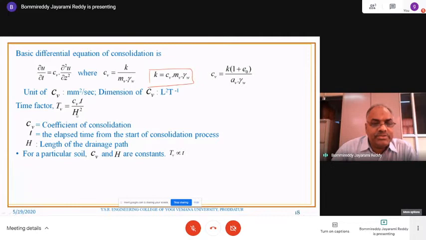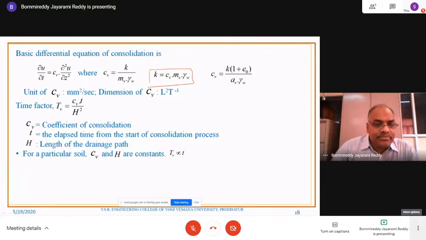That means while expelling the pore water, how much distance the water travels before drainage. That length is called the length of the drainage path, equal to H. So also remember the time factor Tv = Cv t/H², and we are not going for a derivation of this formula.